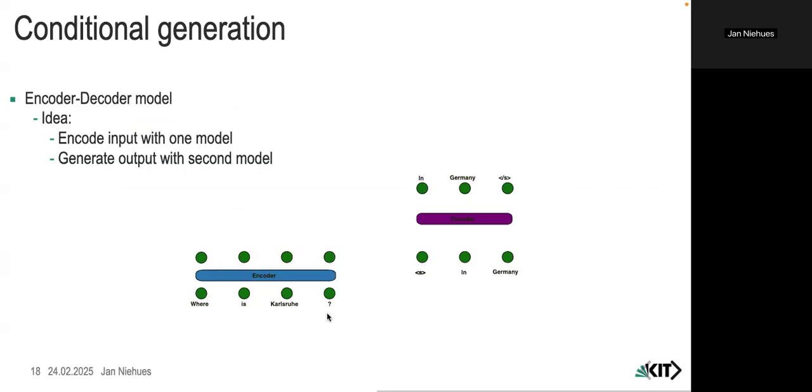You ask "Where is Karlsruhe?", and the output should hopefully be "In Germany". In your neural network, which gets as input "Where is Karlsruhe?", you have an encoder which first tries to understand the question. That is the encoder part here in blue, and then you generate the output part there.